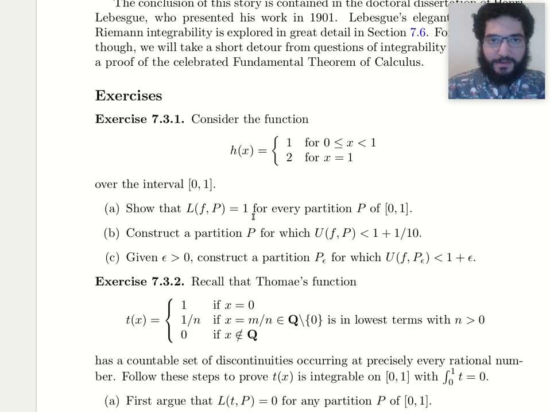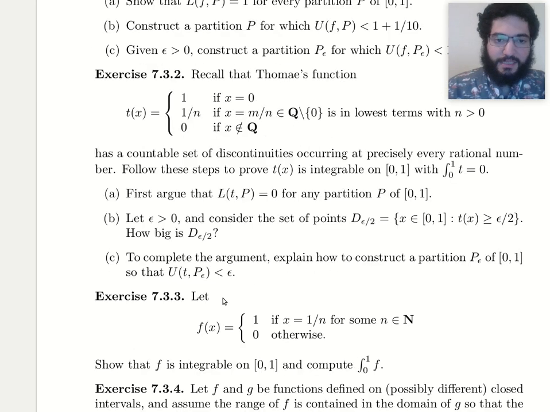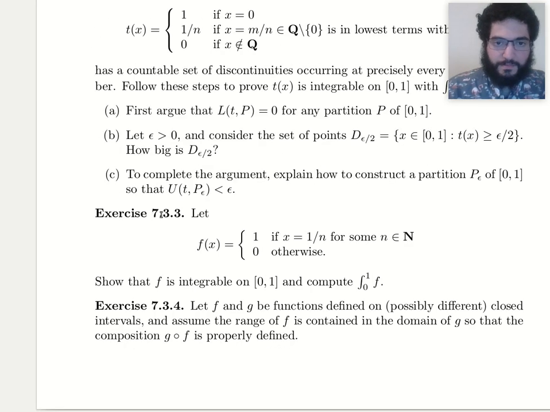So here I'm looking in the old textbook by Abbott in Chapter 7, the Riemann integral. And this is an exercise that is very likely to have been assigned in some form, where you've got the function that takes the value 0 on the interval 0, 1, everywhere except at the 1/n type points, so 1, 1/2, 1/3, etc., where it takes the value 1.